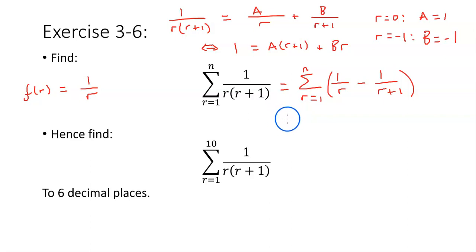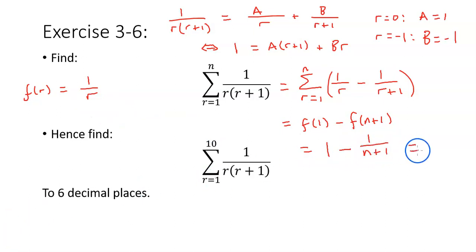And so we know that this sum is equal to f(1) minus f(n plus 1), which is going to be just 1 over 1, which is 1, minus 1 divided by n plus 1. And that is equal to n divided by n plus 1.